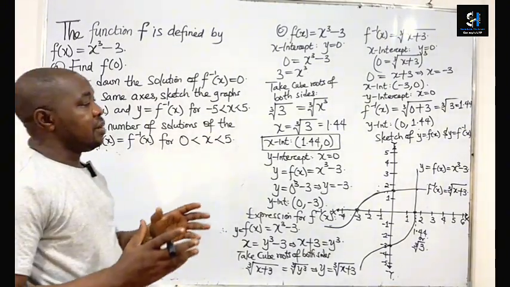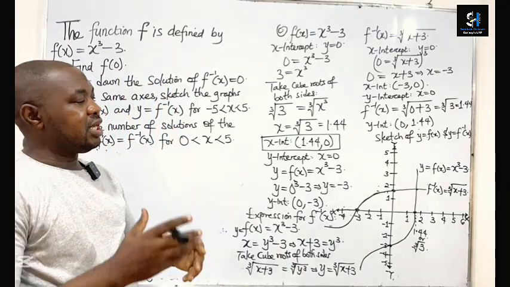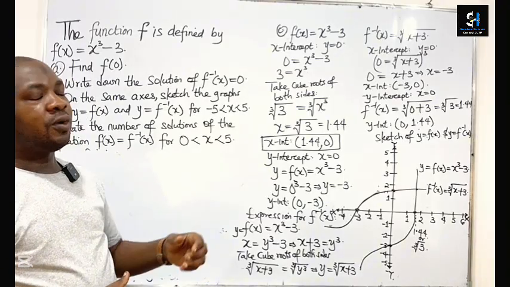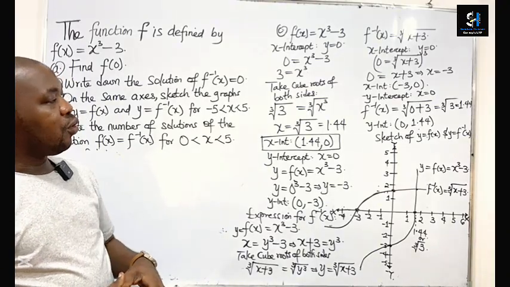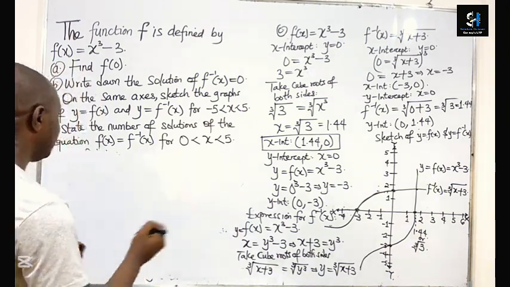Now, because I said that the graph of the inverse of a function is a reflection of the original function over the line where y equals x. Let me write that.